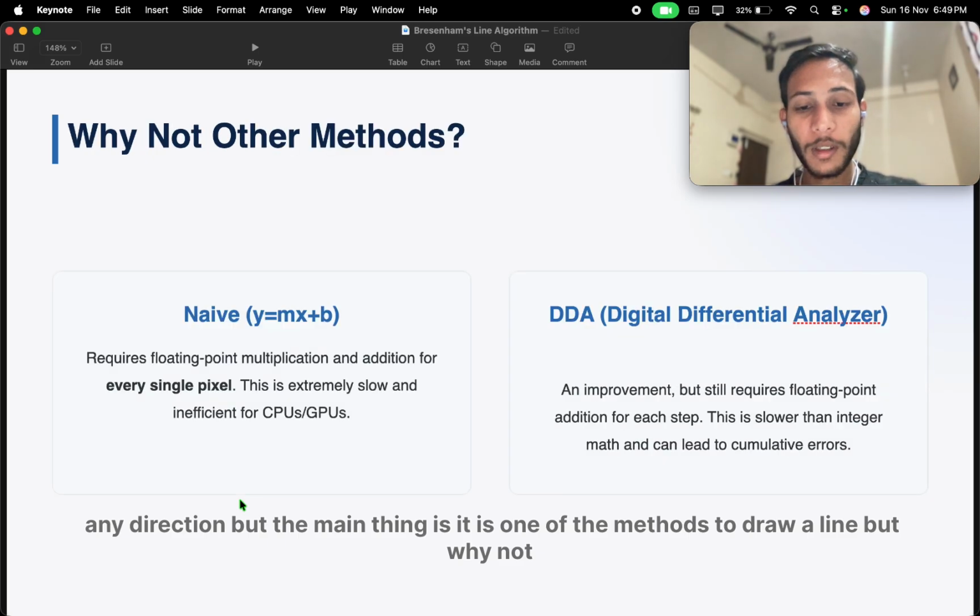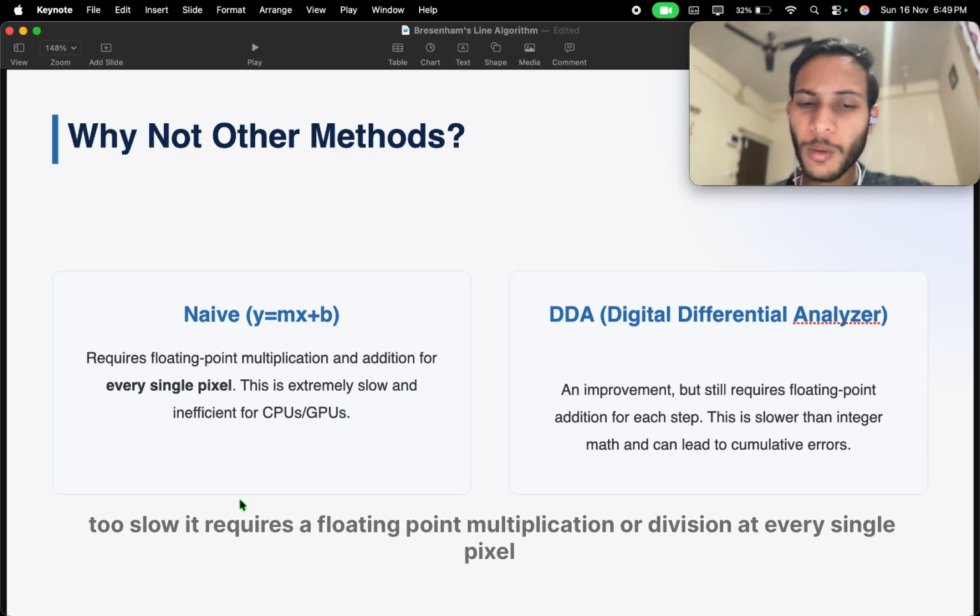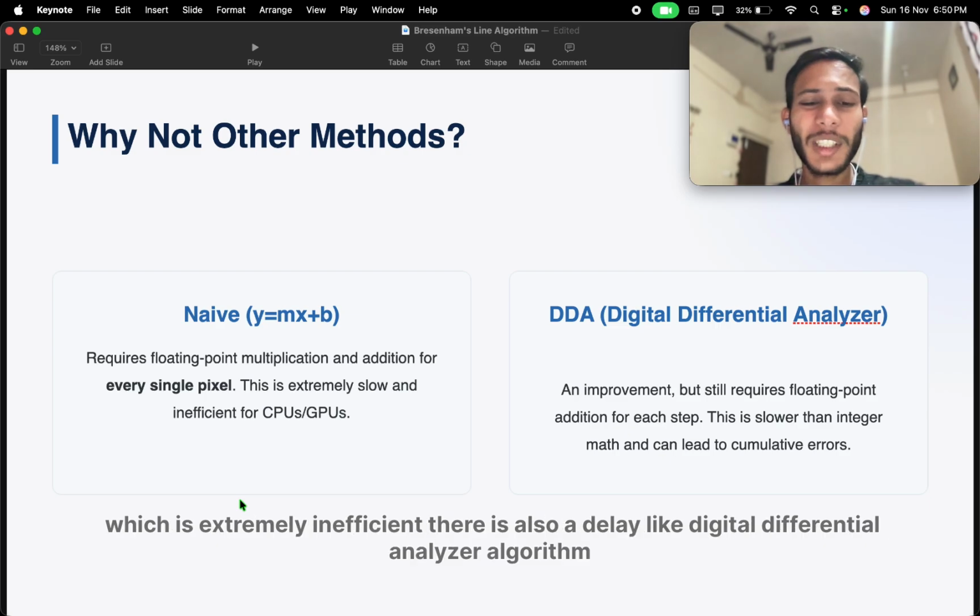But the main thing is, it is one of the methods to draw a line, so why not the other methods? As we discussed, the common method y equals mx plus c is too slow. It requires a floating point multiplication or division at every single pixel, which is extremely inefficient. There is also the DDA, digital differential analyzer algorithm.